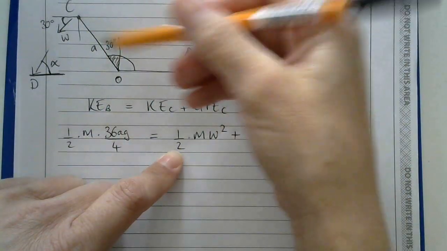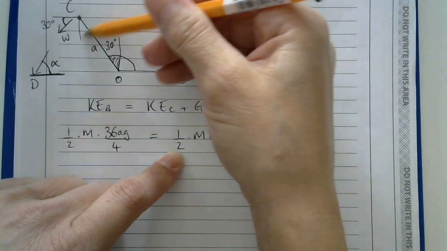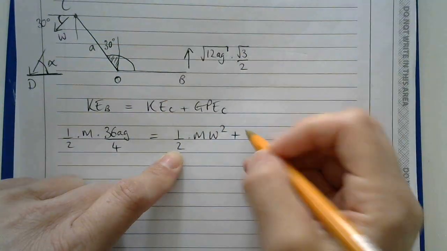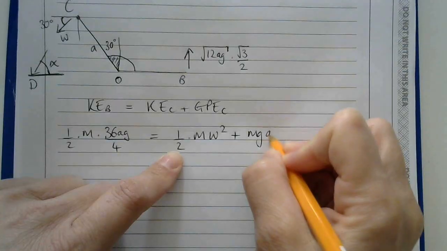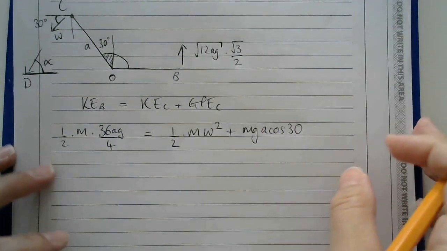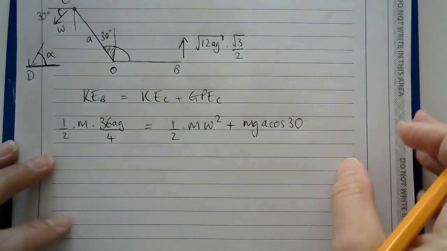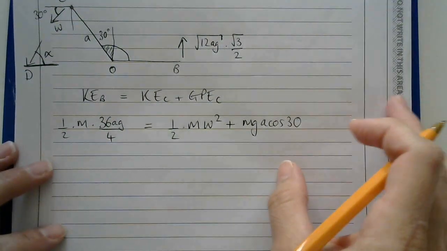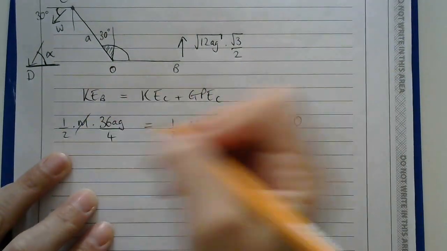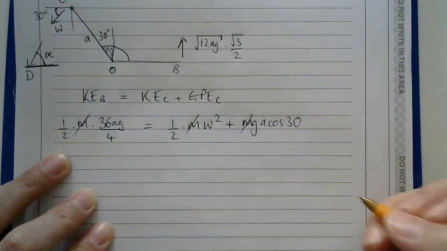So if this is A and this is 30, then this height is A cos 30. So I've got mg cos 30. So tidying this up a little bit, what I'm really interested in is W squared. So I can divide everything by m.